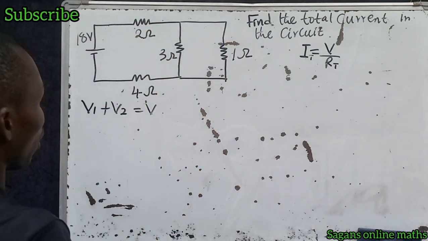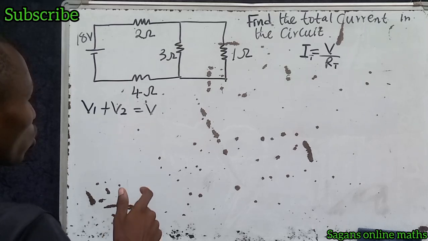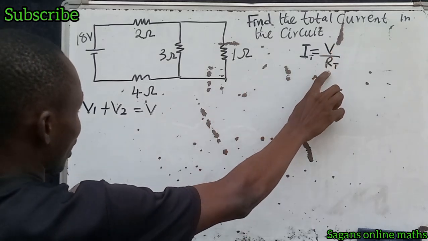And we know that by definition of Ohm's law, I is equal to V over total resistance.